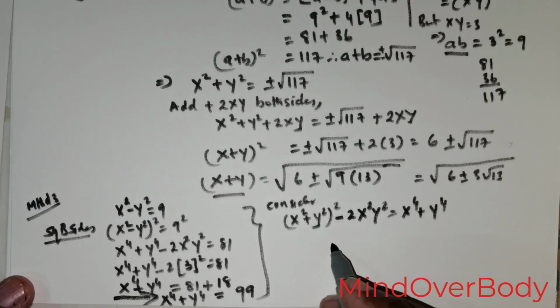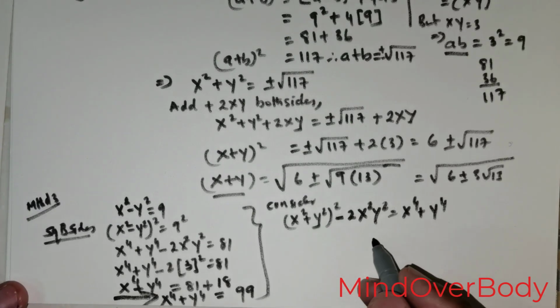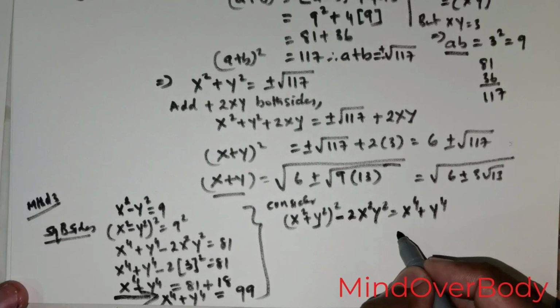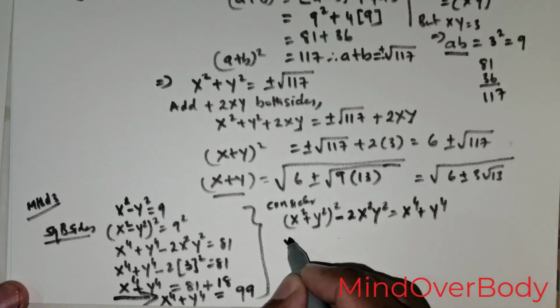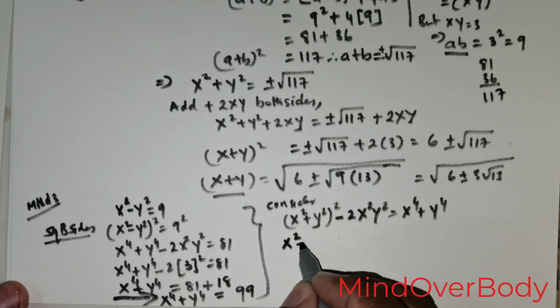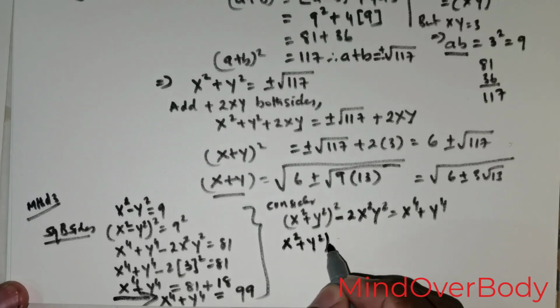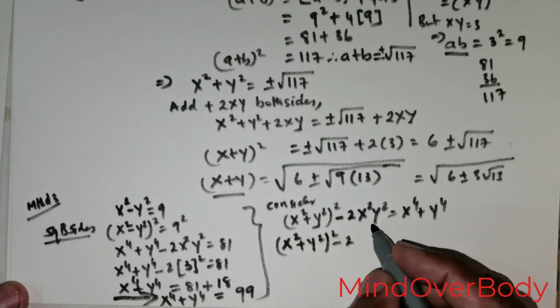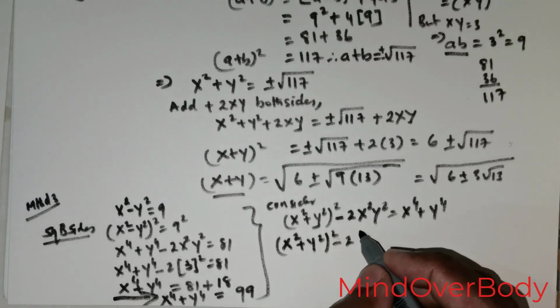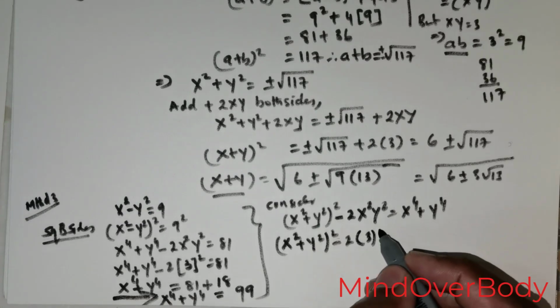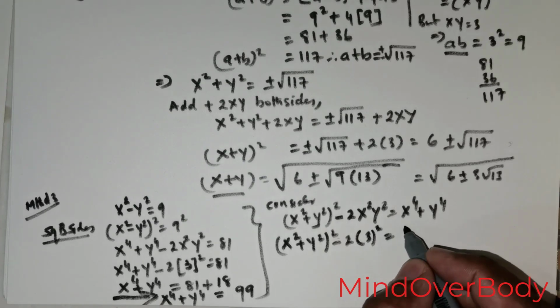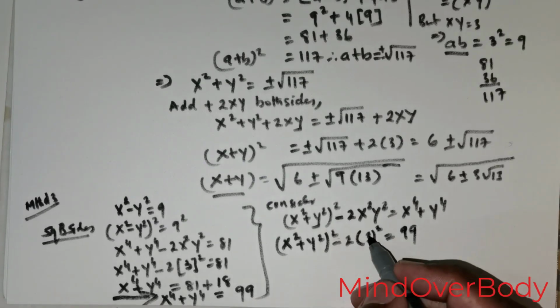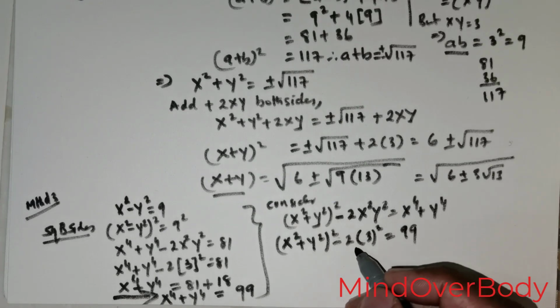Now what I wish to do is use the values. So this is going to be x squared positive y squared, raised to the power 2, negative 2 times xy squared. We know the value of xy. So xy is going to be 3 and that has to be raised to the power 2. This is nothing but 99. Now 3 squared is 9, 9 times 2 is 18.